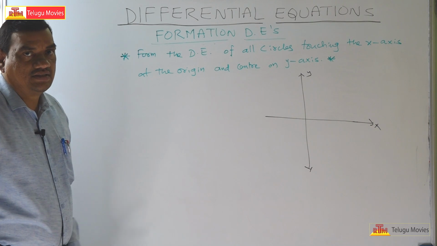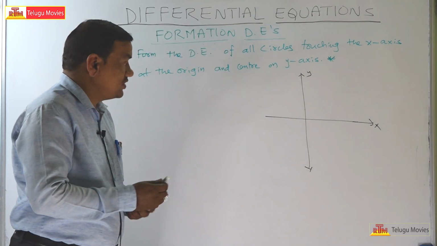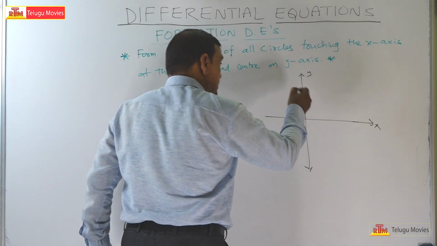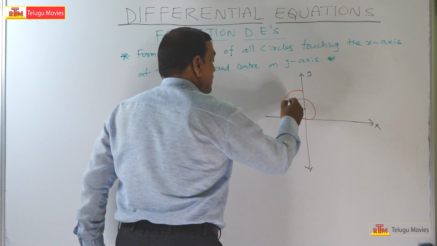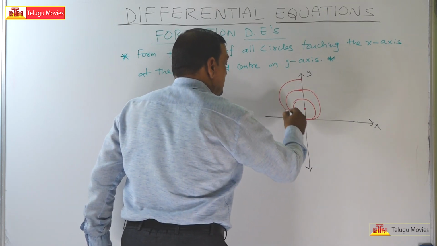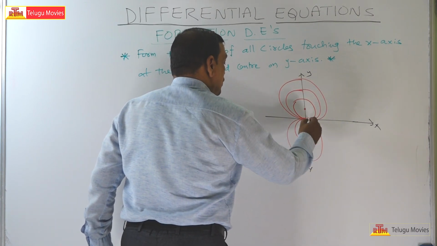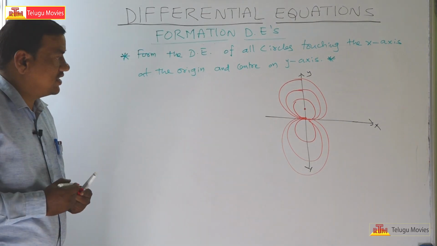Touching the x-axis and the center on the y-axis. That means, for example, this is a circle, it is touching the axis and the center is on the y-axis. So this is one circle, this is another circle, this is another circle, like that. How many circles will you get? You will get an infinite number of circles.